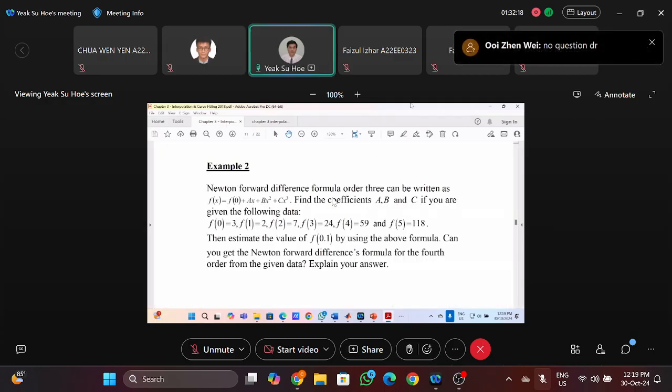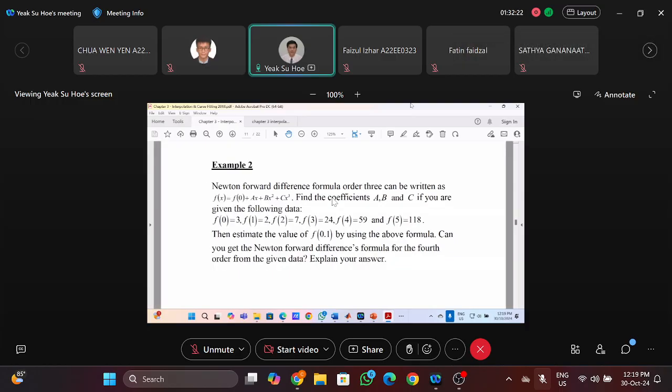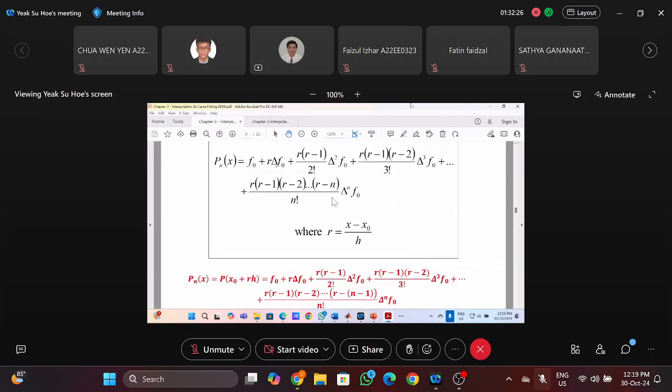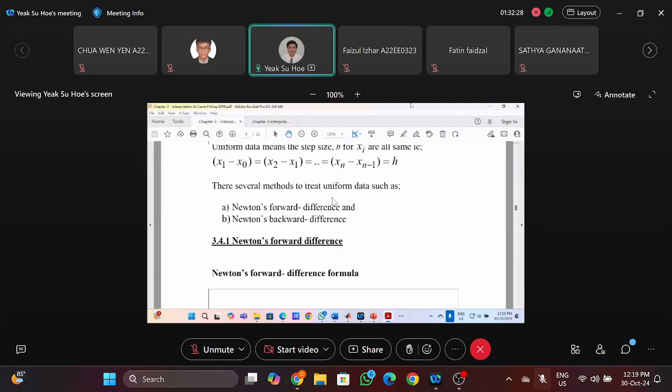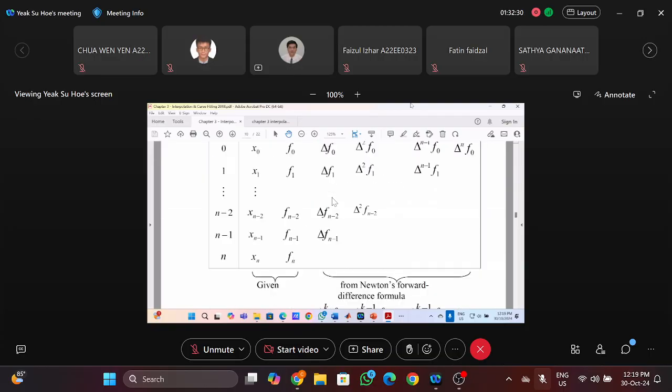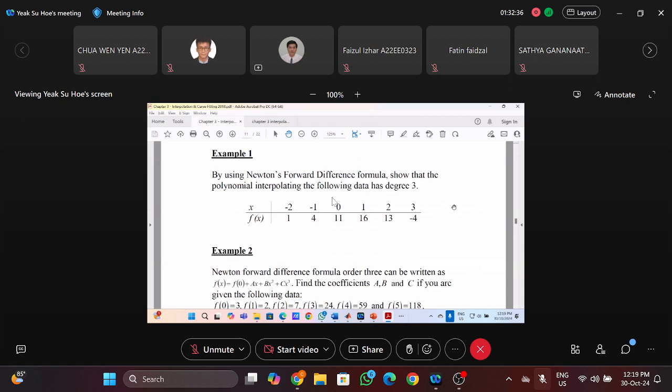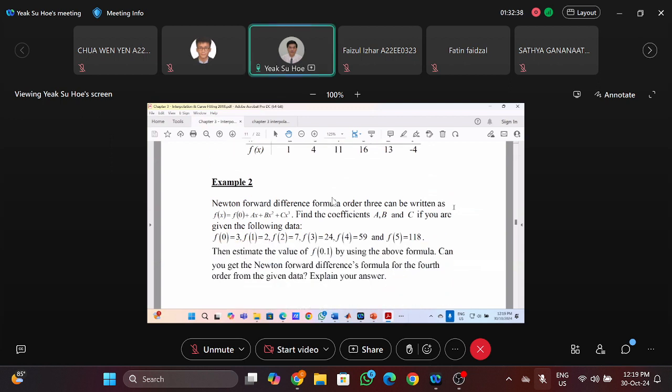Okay, this material I already posted in the e-learning. So this is another material, Newton power difference. Everyone try to do this exercise. How to do this exercise?